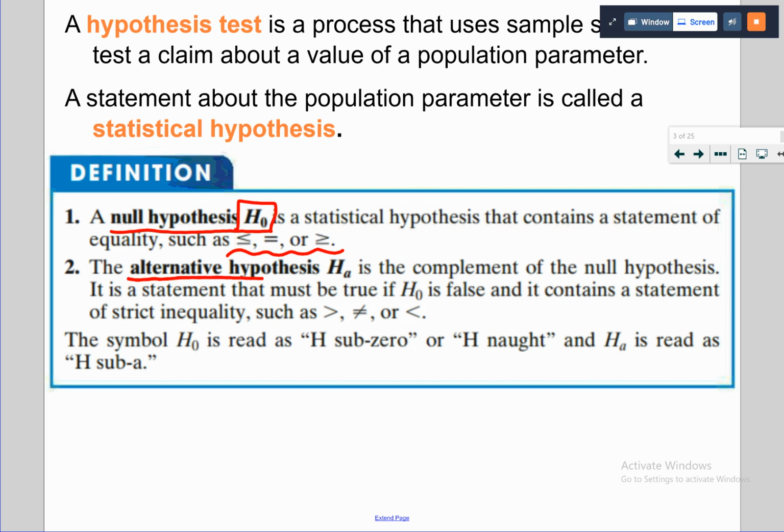Then we have an alternative hypothesis, which is H sub A, and this one does not have a statement of equality. These are strictly less than, greater than, and not equal to. So if you're not sure which hypothesis you're looking at, look at the mathematical statement. If it has an equal to piece in it, it's a null. If it's not equal to, it's an alternative.